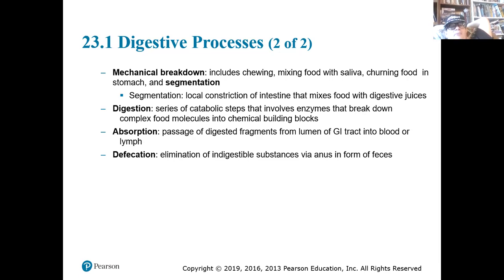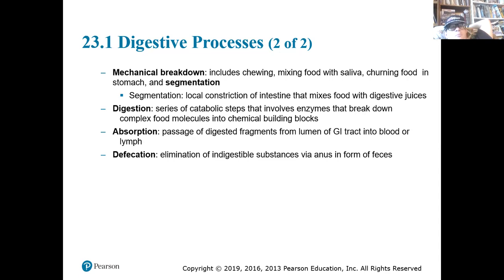Absorption is getting those nutrients out of the GI tract, out of the tube, and putting them into the blood or the lymph for fat, which we're then going to send off to the liver to make sure we didn't absorb something really bad.